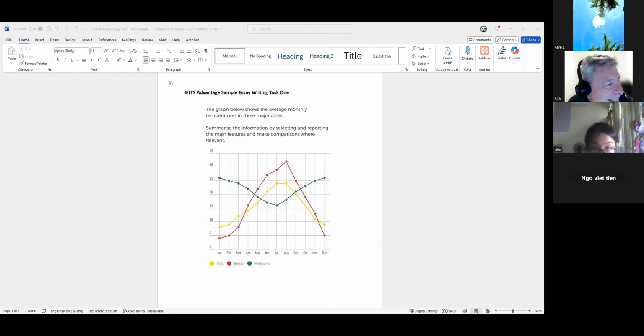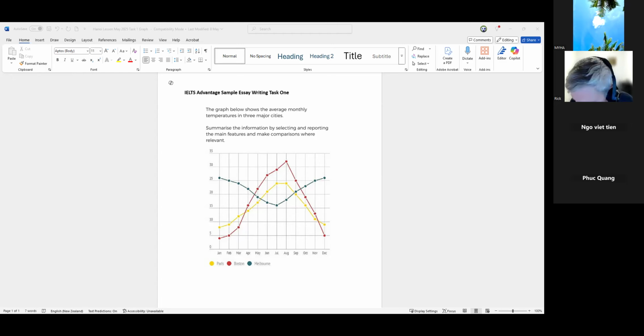While Melbourne is the city with the smallest temperature range. Paris's range of temperatures is in between Boston and Melbourne.